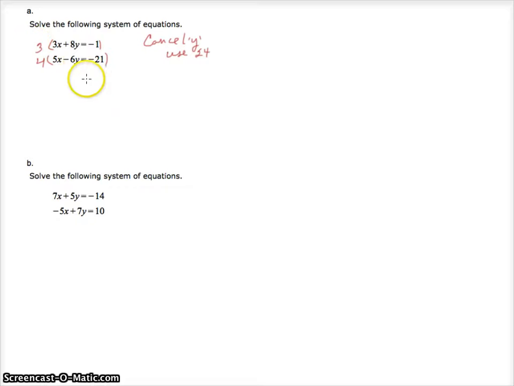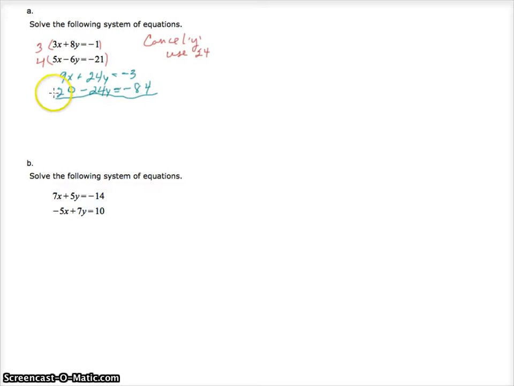When I multiply these, I get 3 times 3 is 9x plus 24y equals negative 3. I get 20x minus 24y equals negative 84.